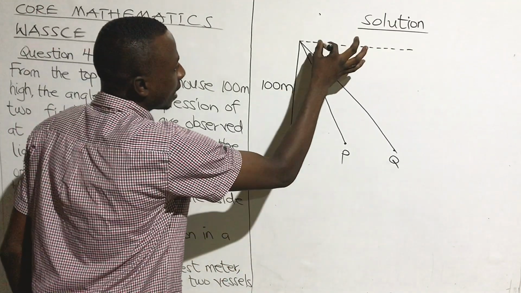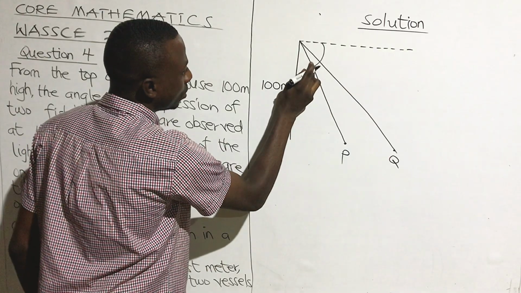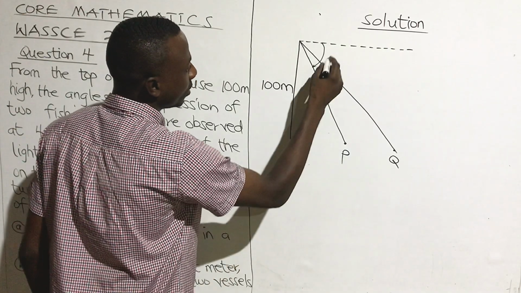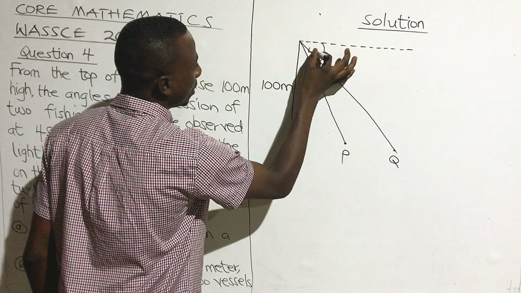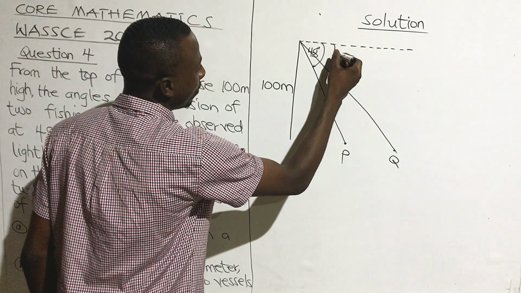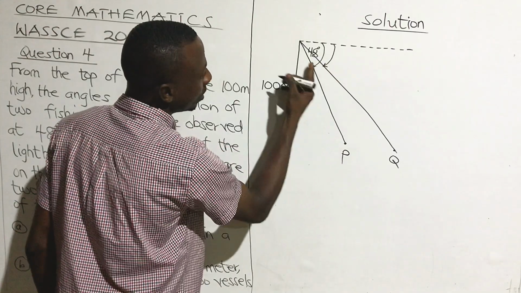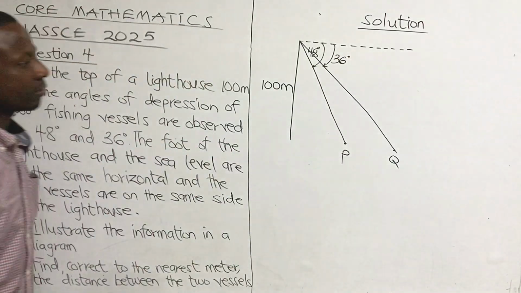So the first angle to my point P is 48 degrees. And another observation, which was done to Q, is 36 degrees.